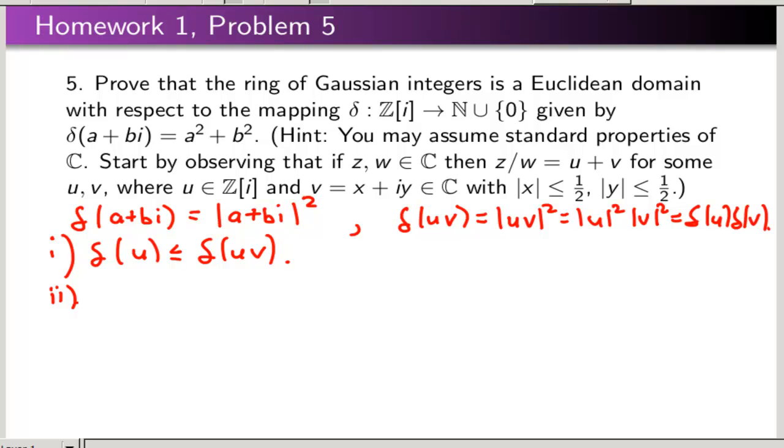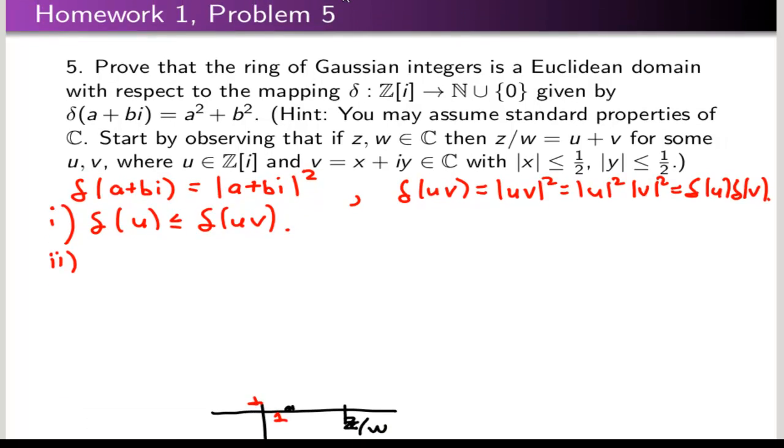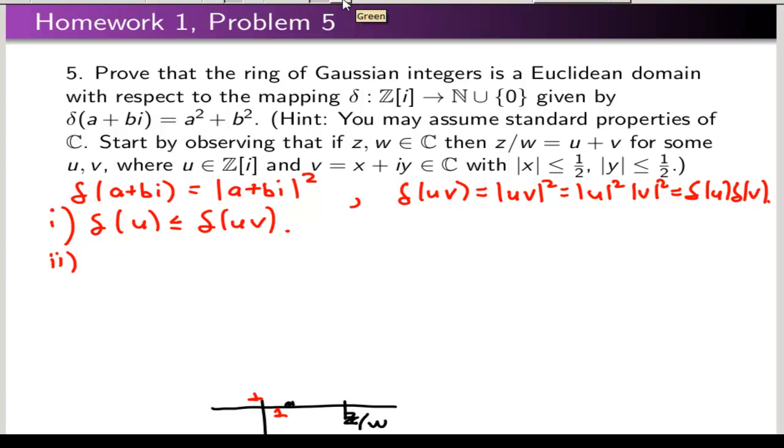So we have to prove that, if we divide 2 complex numbers, well, okay, this is just some hint here. So let's just go back to actually what it means, the division algorithm.